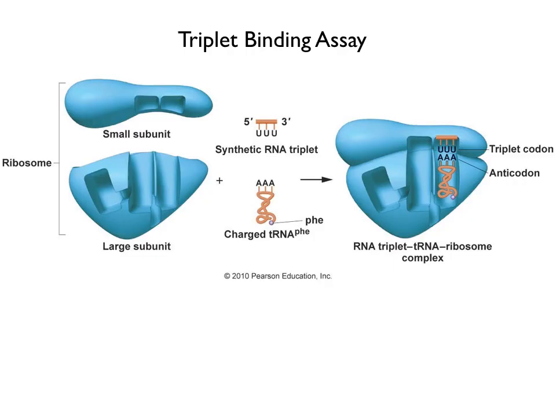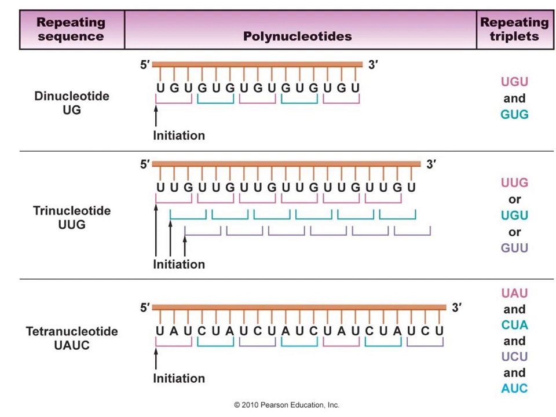So in using this triplet binding assay, they used ribosomes and tRNA molecules. All of this we are going to cover in the translation chapter. Okay? So if you consider their use of ribosomes and artificially constructed messenger RNA molecules that consisted of just UGUG or UUG or UAUC, okay?